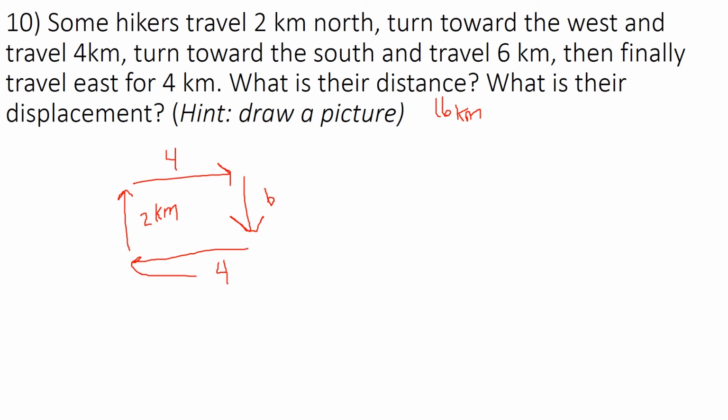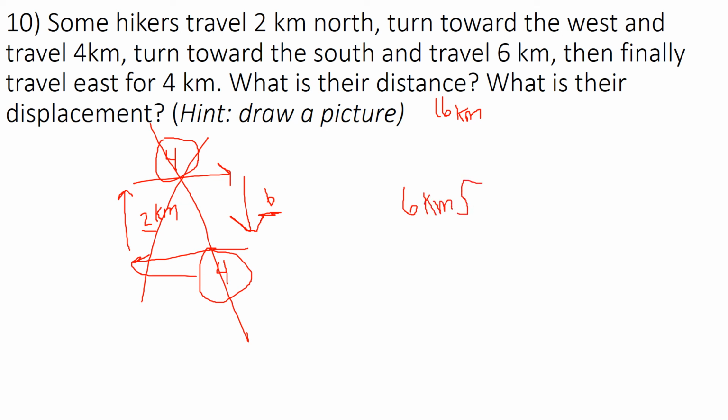Well, remember, these fours. One is west and one is east. They're in opposite directions, so we can just cancel those guys out. Now, these are also in opposite directions, but they aren't the same number, so we just subtract the smaller number from the bigger number. And so that would be 6 kilometers to the south minus, and you can even write out, like if you have the directions, that even helps you more.